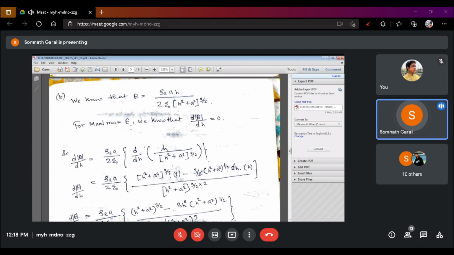That means for which parameter we calculate the maximum value of the electric field intensity, you have to take the differentiation of the field intensity with respect to that parameter.